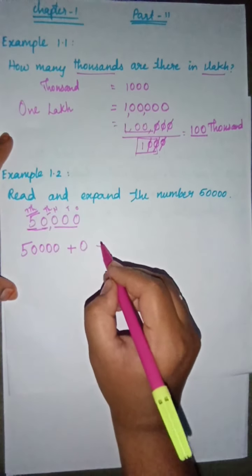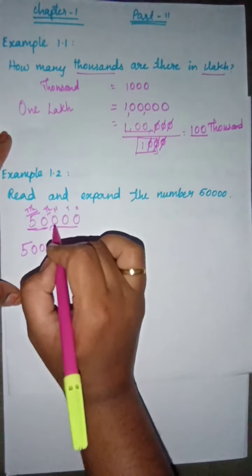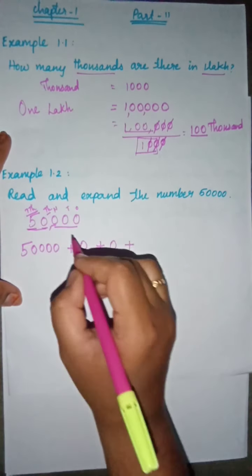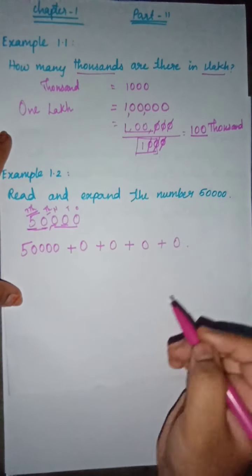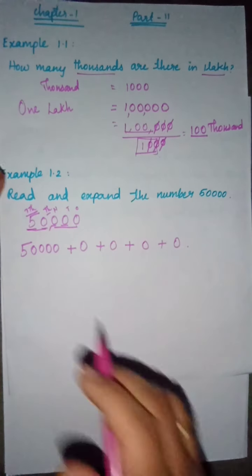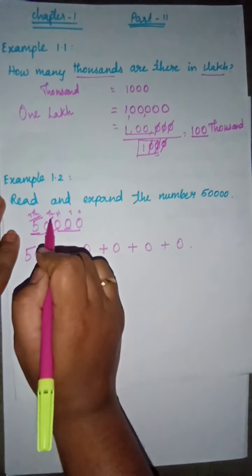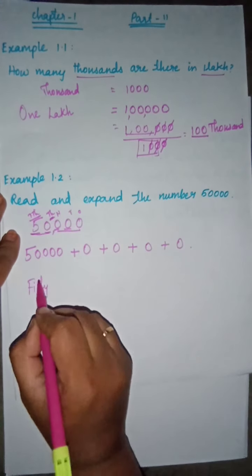For 0 we should not give any place value. We can just write it as 0. So the next one is also 0 0, plus here also 0, here also 0. Now we already know the name of this number. Here it is 50, it comes under 1000. So it is 50,000.